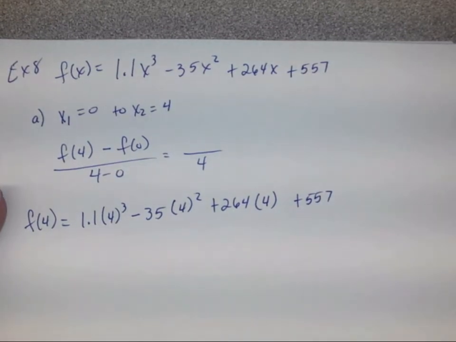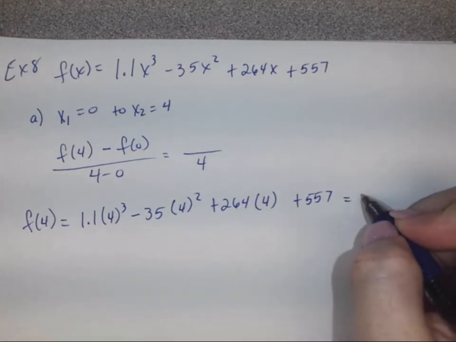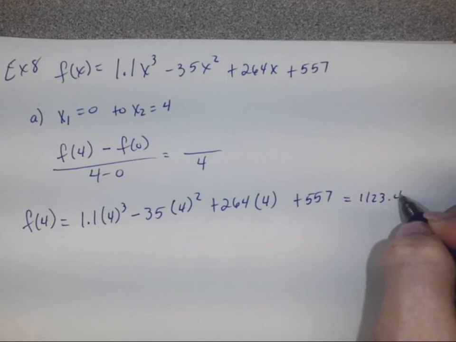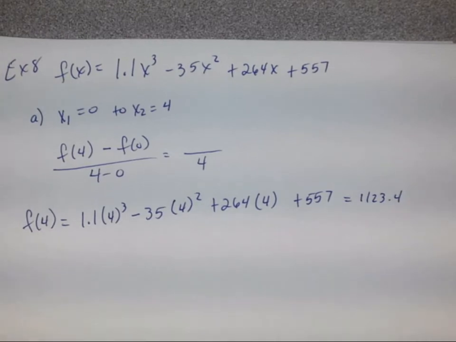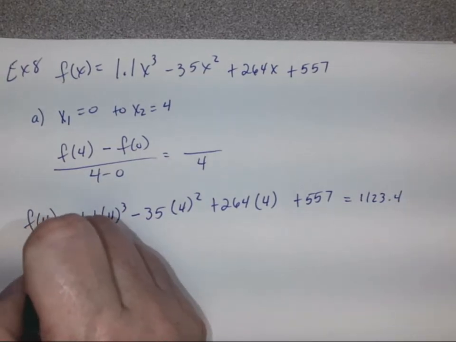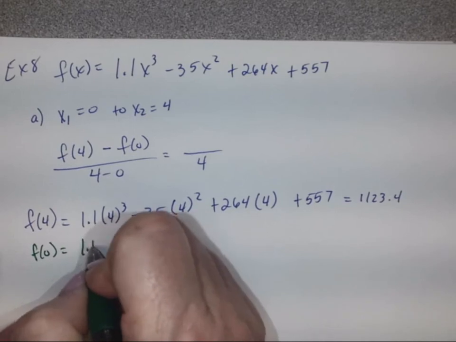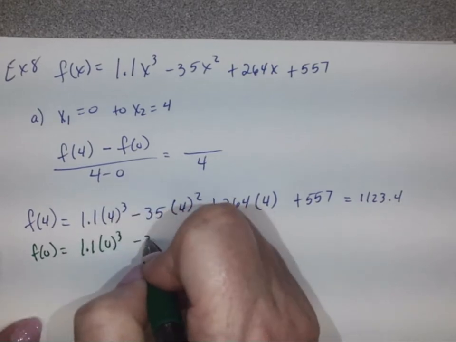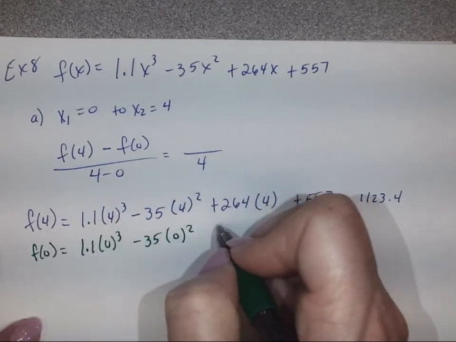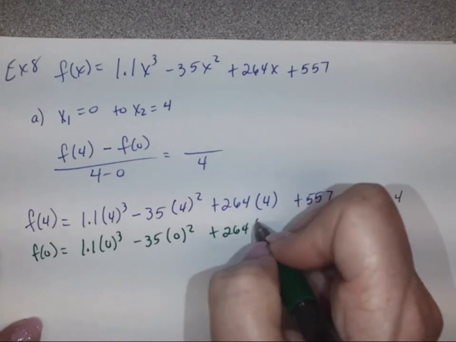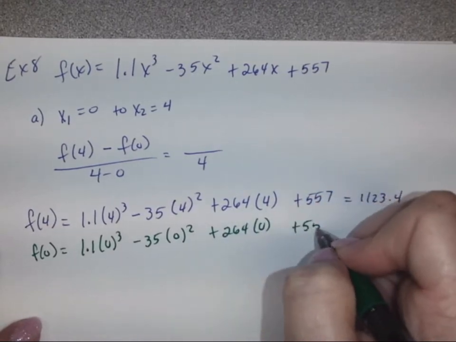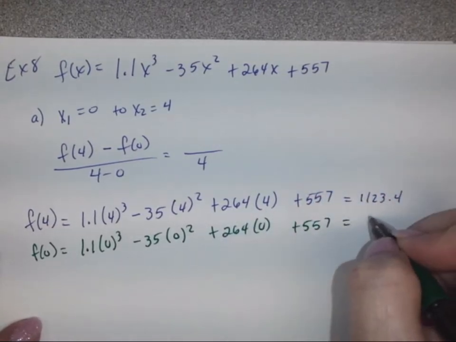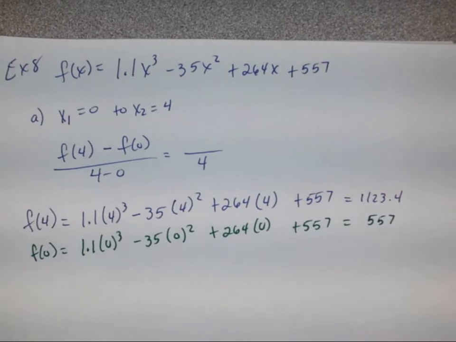We can plug this into a calculator, and we will actually get 1123.4. And then we're going to find f at 0. So 1.1 times 0 cubed minus 35 times 0 squared plus 264 times 0 plus 557 will equal that 557.